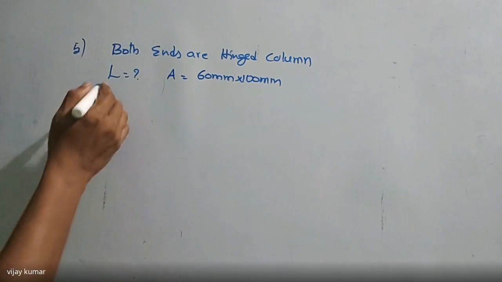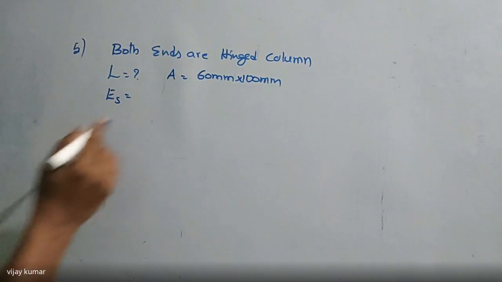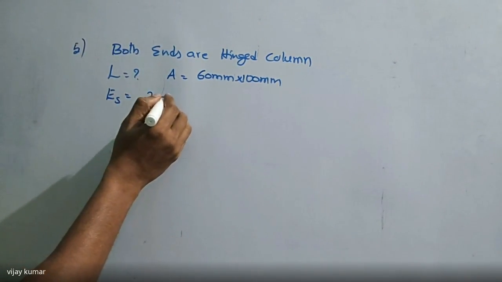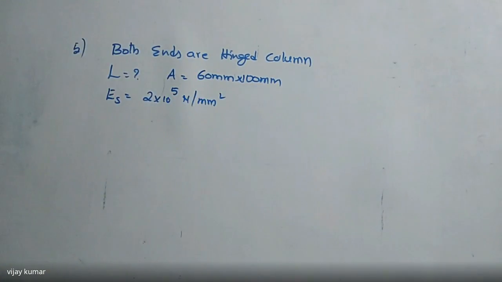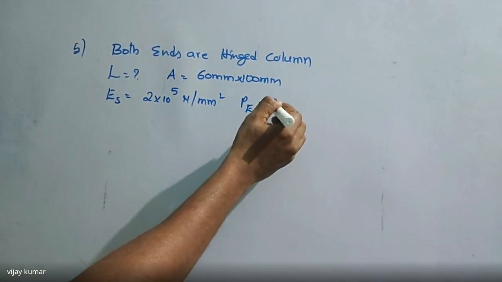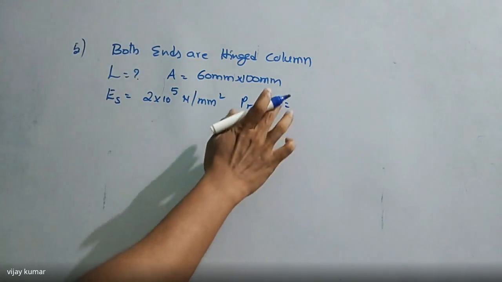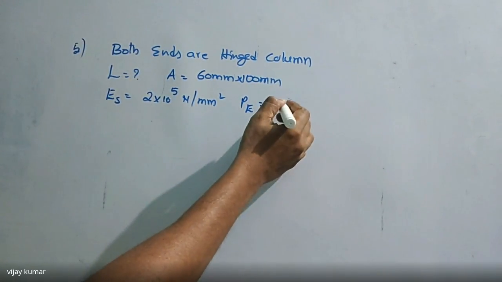Take E of steel, Young's modulus of steel, is 2 into 10 power 5 Newton per mm square. And a critical limit is given, that is PC or PE. Critical stress is given, that is equal to 250 Newton per mm square.